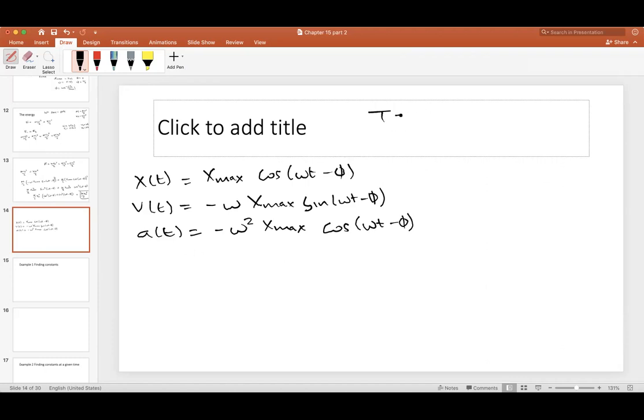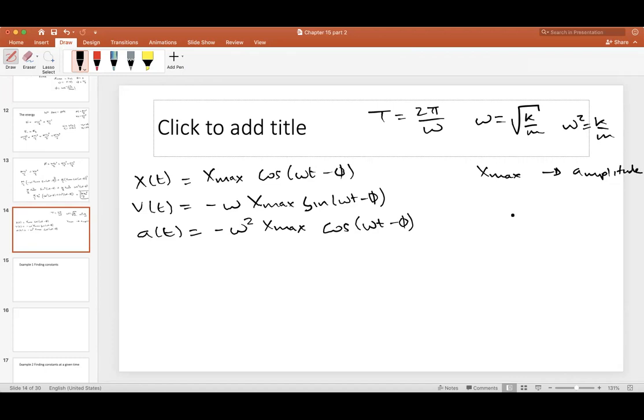Few things that are important to know. The period is 2 pi over omega. Omega is square root of k over m, which also means that omega squared is k over m, that x max is the max amplitude, okay?